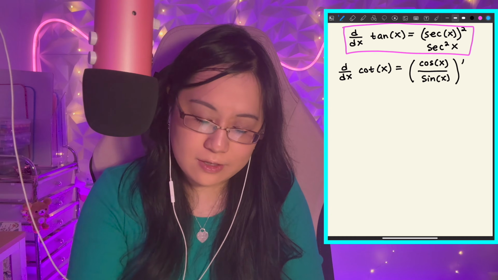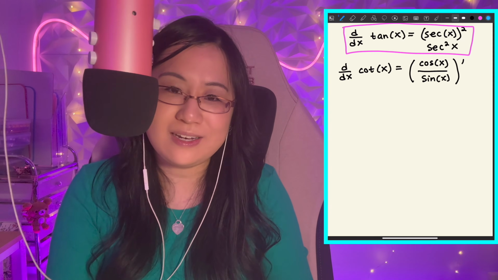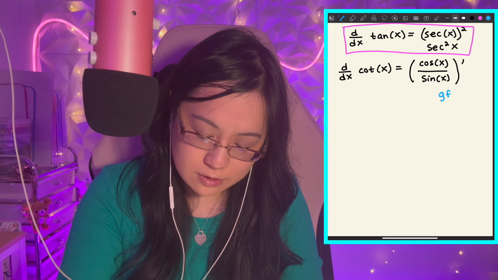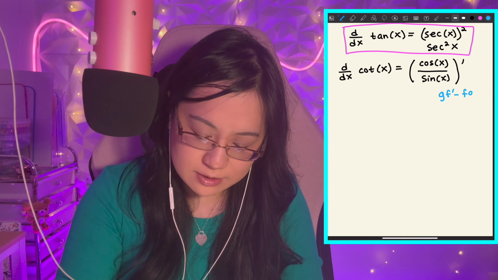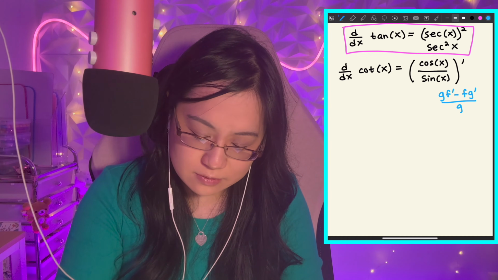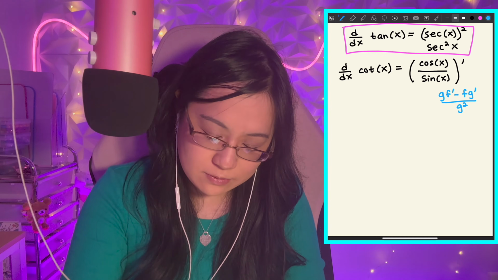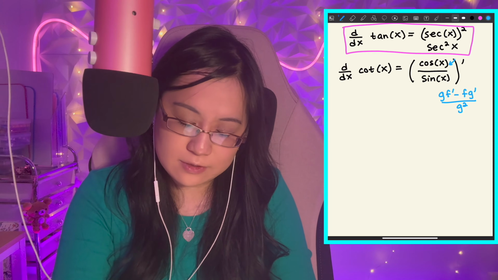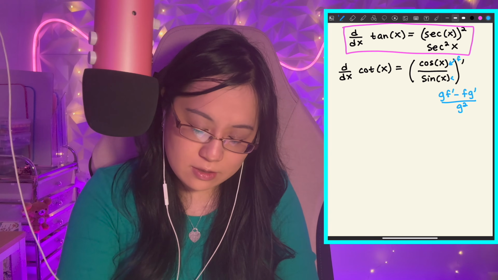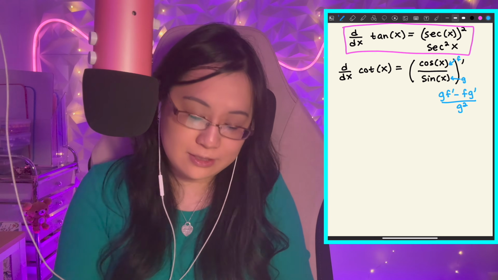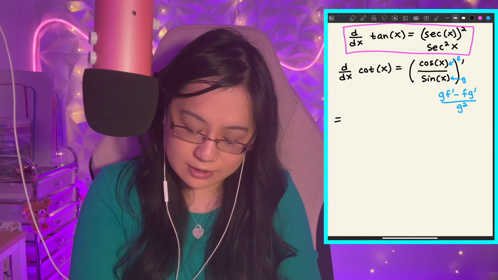So let's do our low d high minus high d low over low low, or low squared. Alright, so in this case, f is going to be cosine and g is going to be sine, and let's just apply the exact same thing.